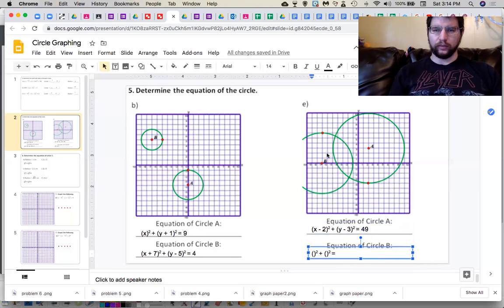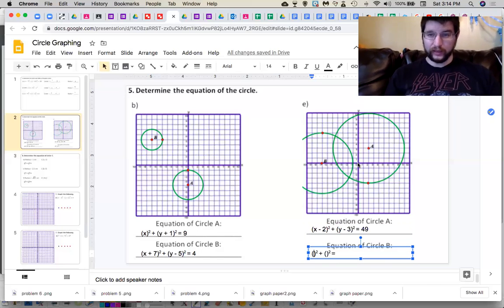Lastly, circle B here. So I didn't go anywhere on the y's, but I did go left on the x. Let's see if I can count. I think that's -7 again. 1, 2, 3, 4, 5, 6, 7. Yeah. So x plus 7 because it's -7 for the coordinate. And then just y because we didn't go up or down for the y coordinate.